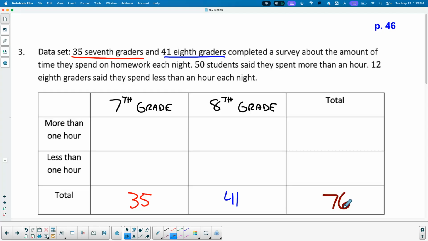This one? The other total box is going to be 26.